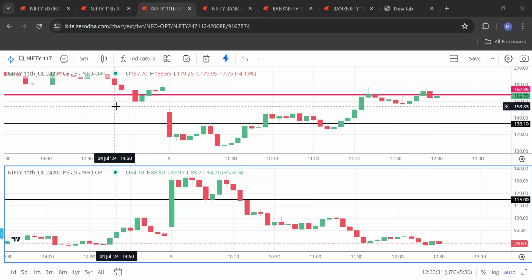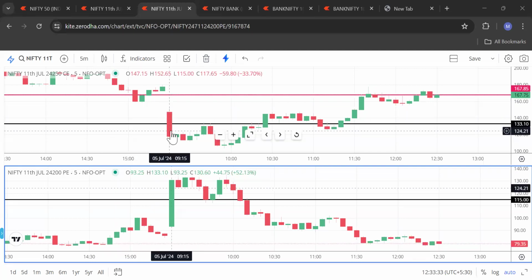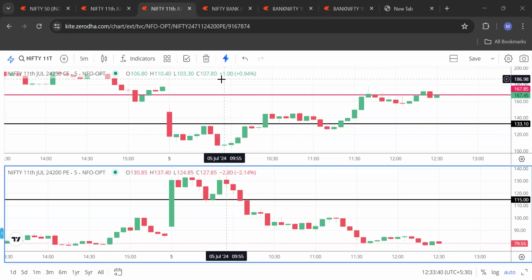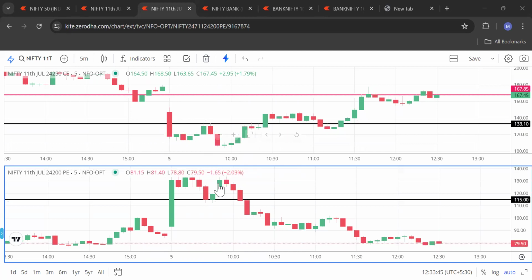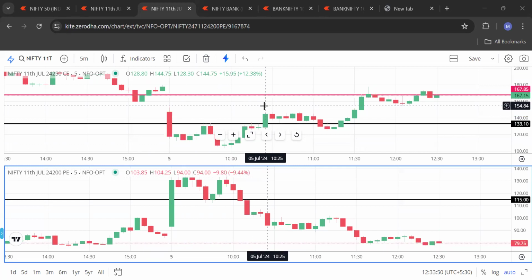Just draw SPP. This should be done as soon as you get this pair on the basis of common points. You've selected this, you've drawn this. This is the upper line, lower line, and then you're waiting for a breakout. Before you find a breakout, I'm just telling you this. SPP of 24,250 call and 24,200 put is 106.77.